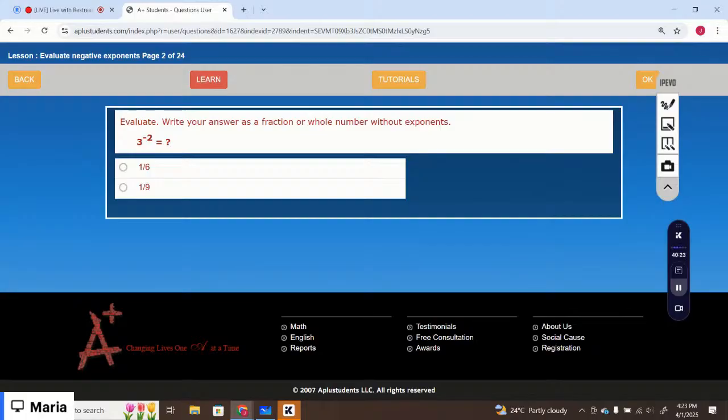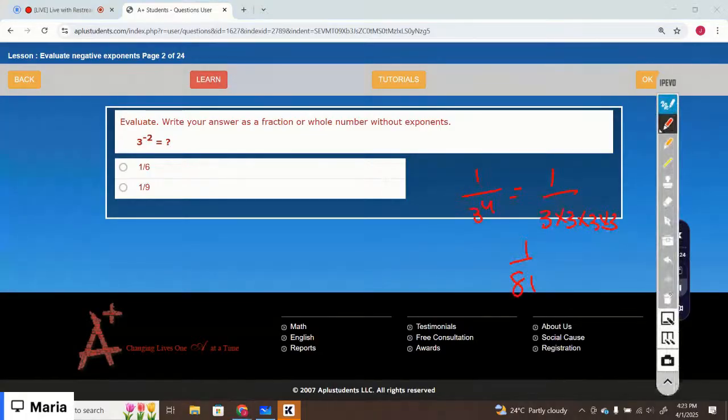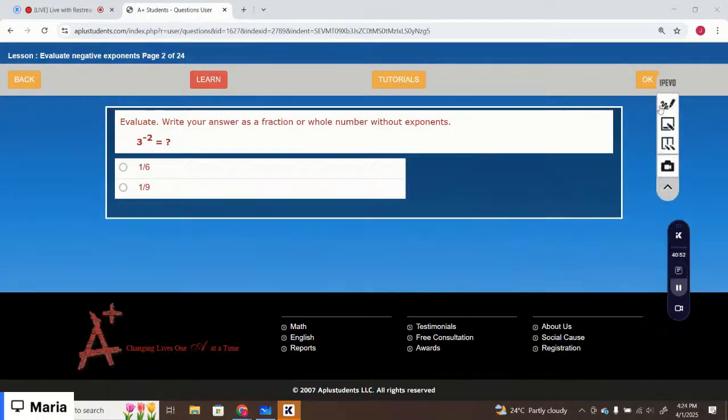Three exponent negative 2 is 1 over 3 squared, 3 times 3, 1 over 9. Option number 2 is the correct option.